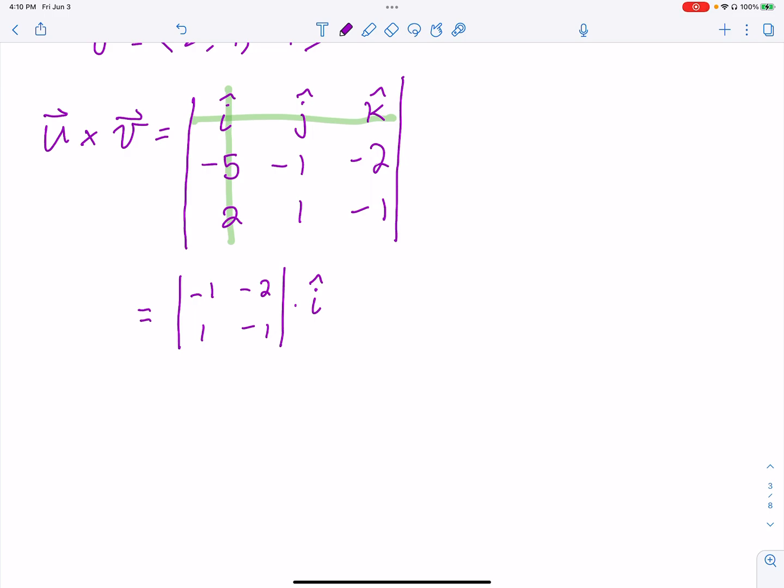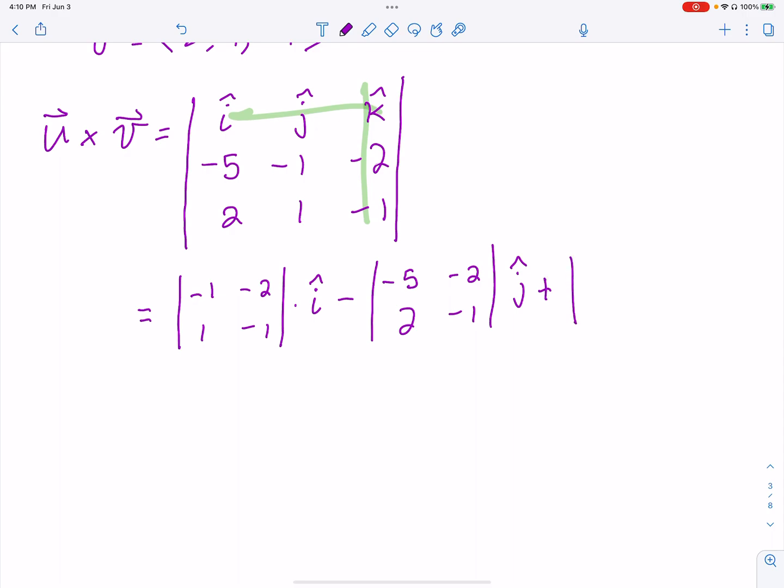The second one is always a minus. Cover that up, cover that up. The remaining is what goes inside: -5, 2, -2, -1. This is the j component. And then the last one, we write down what's left, plus -5, 2, -1, 1.